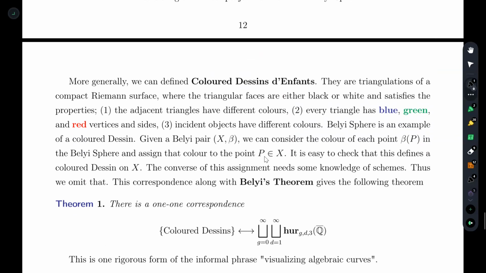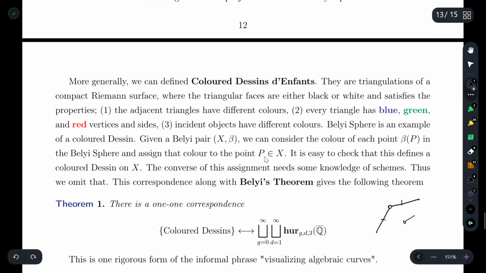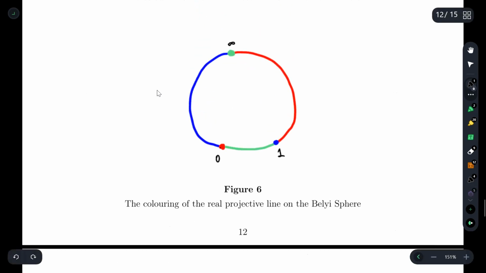Every side and every vertex of the triangles is colored blue, green, or red, and two incident objects have different colors. That means if two sides are connected by a vertex, then these two sides must have different colors. And if two vertices are connected by an edge, then these two vertices must have different colors.